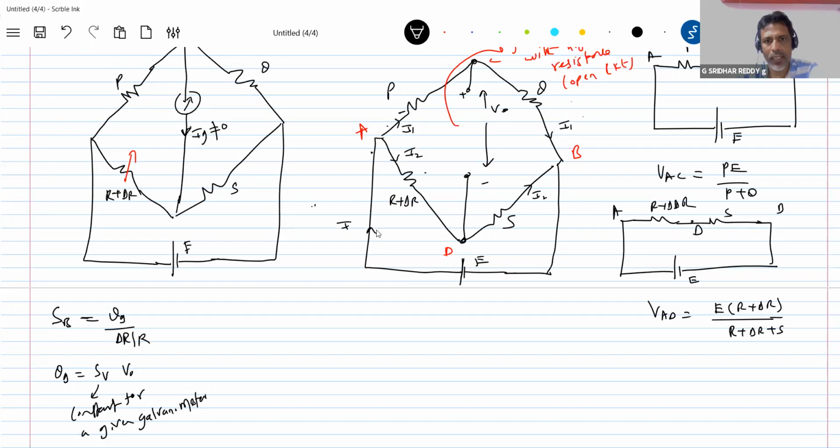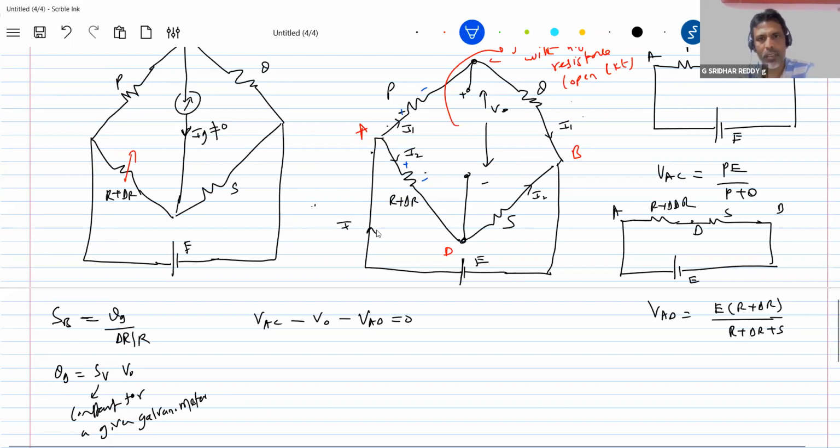Let me write the loop equation. VAC minus V naught minus VAD equals 0. Here I applied KVL, because the current will flow like this. Plus minus, plus minus.